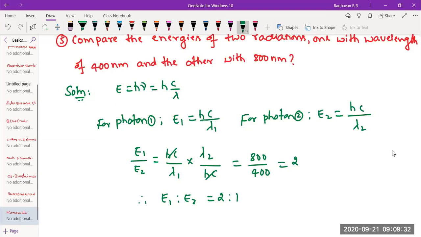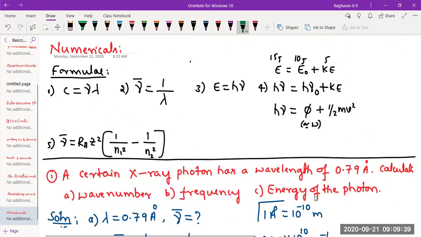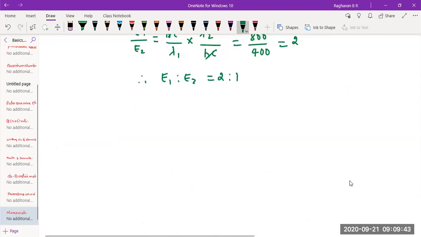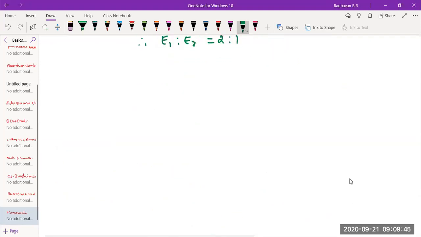Yes, sir. Okay. We'll take up the next problem. This page has become overflooded and is non-responsive, so let me check one more problem if possible.